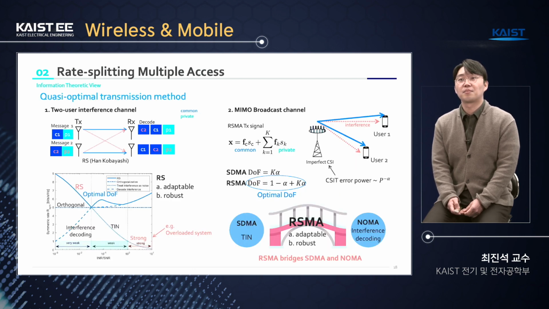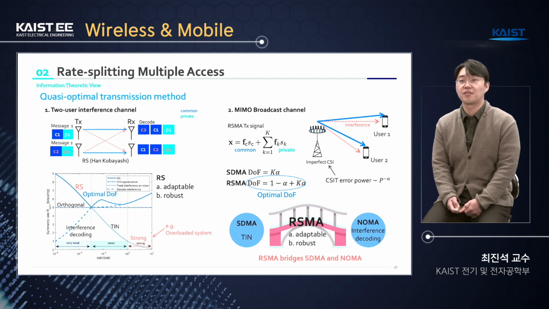Rate-splitting multiple access, RSMA, was introduced in the past and is now extended to the broadcast channel, and it's called a quasi-optimal transmission method. When the interference strength is weak, RSMA is optimal along with the SDMA method.